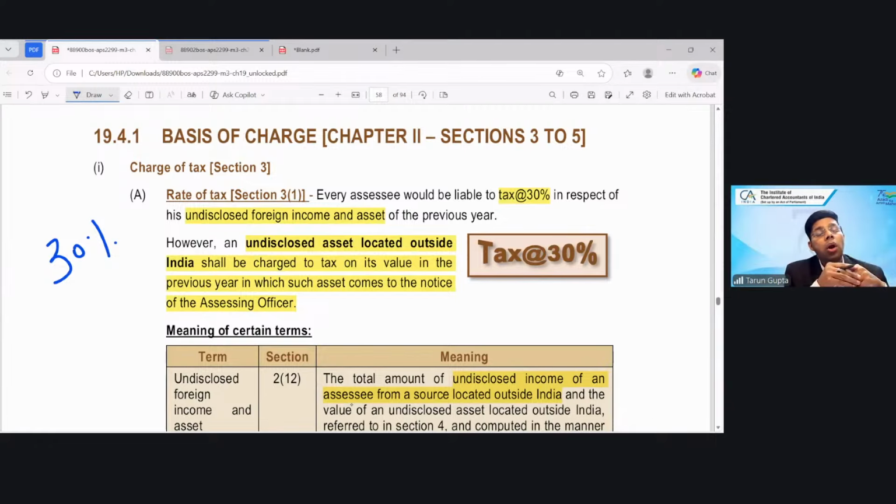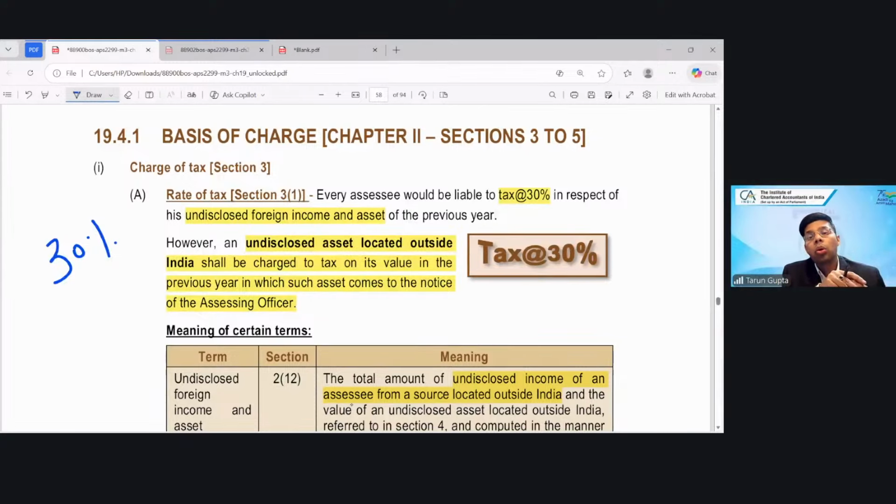Okay. Now, one more important thing for you is that the undisclosed foreign income is taxed in the year to which it relates. If it relates to a particular financial year, it will be taxed in that financial year.